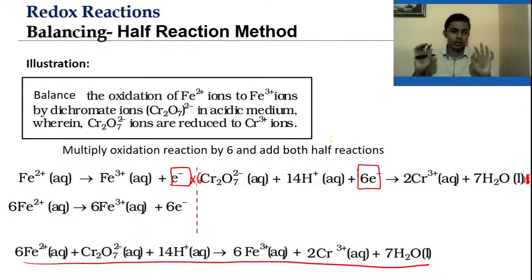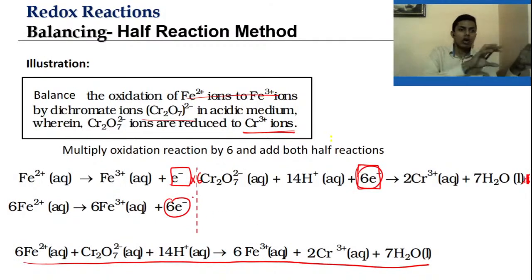In the same example, Fe2+ converts into Fe3+ ion, and dichromate ions get converted to Cr3+ ion. How many electrons have been exchanged? As you can see, 6 electrons are left by oxidation and 6 electrons are consumed by reduction.